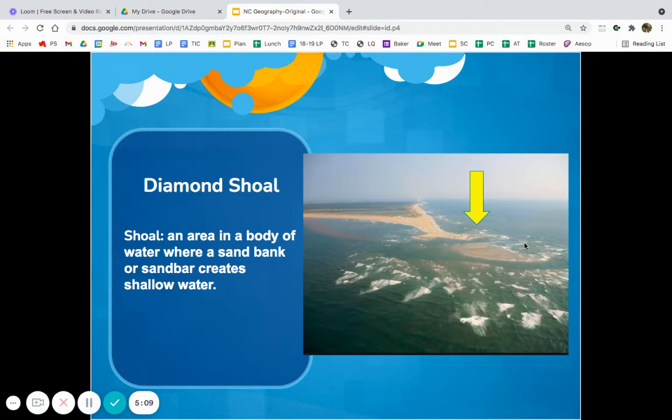And when a ship does that, the force of the crash could cause it to tip sideways. It could be very dangerous, and it certainly could mean that they would lose anything they were carrying with them. The most famous of North Carolina's is Diamond Shoal, and that's why I put that on here.